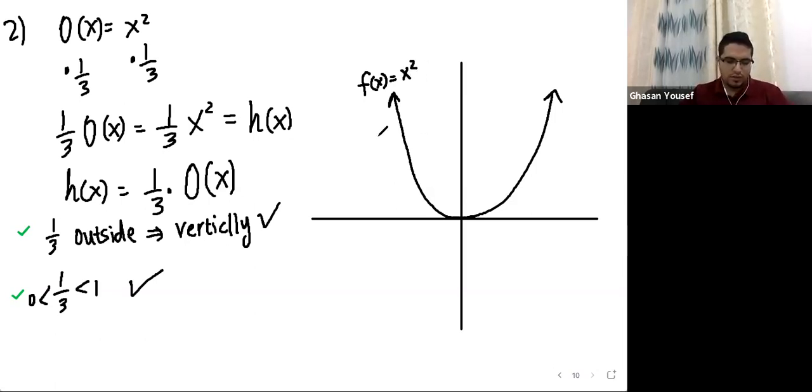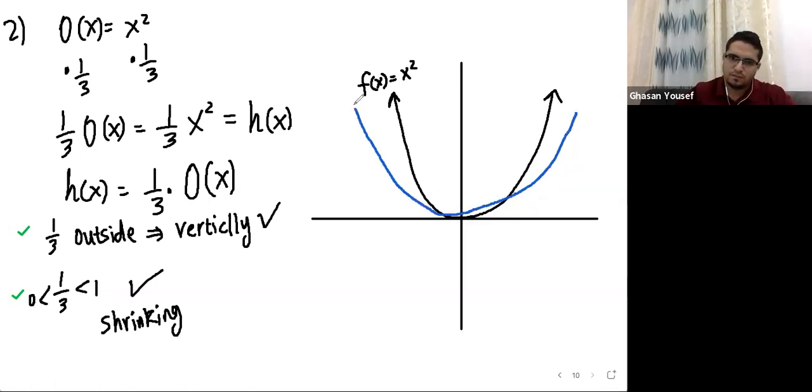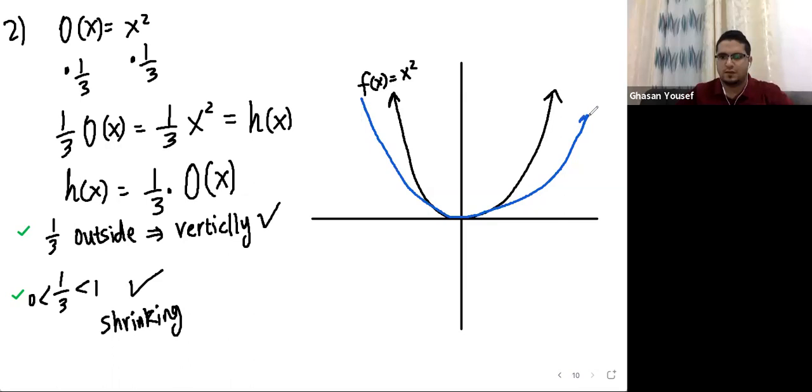Because it is outside, vertical, and 1/3 means shrinking, we have to make it close to the x-axis like this. Shrinking means making it close to the x-axis, and because it's vertical, like this. This is the function h of x.